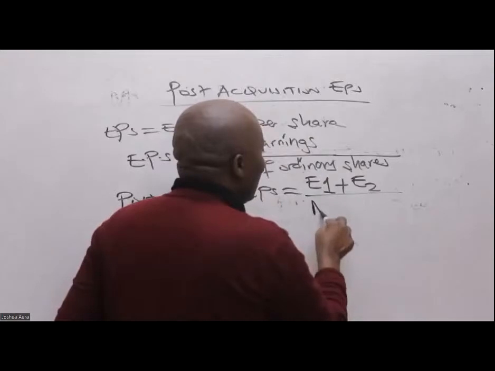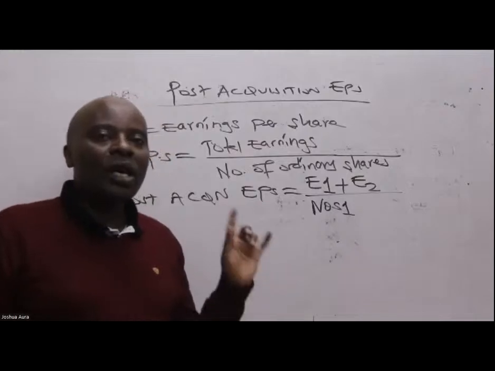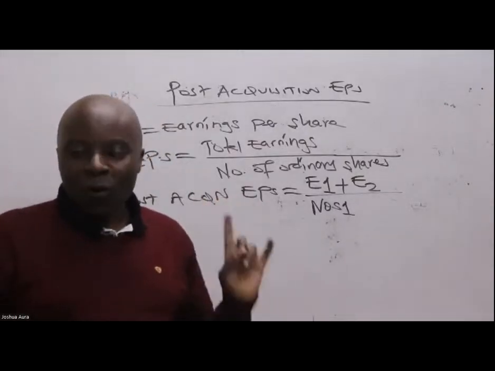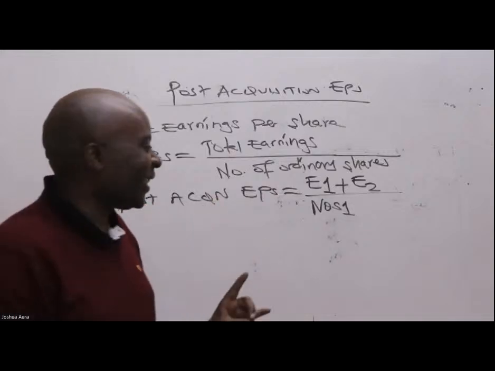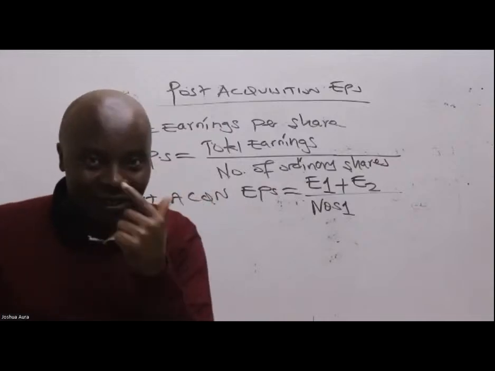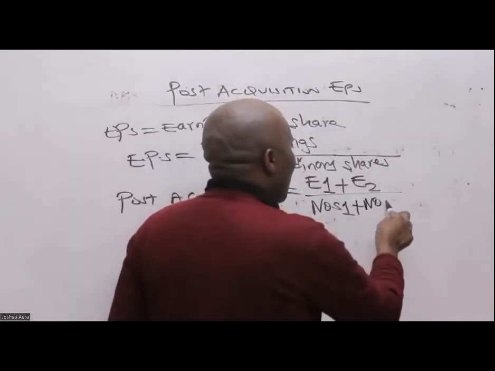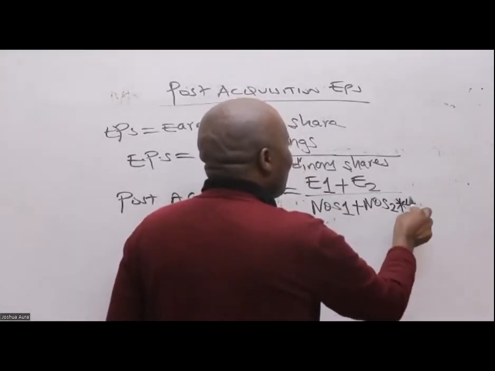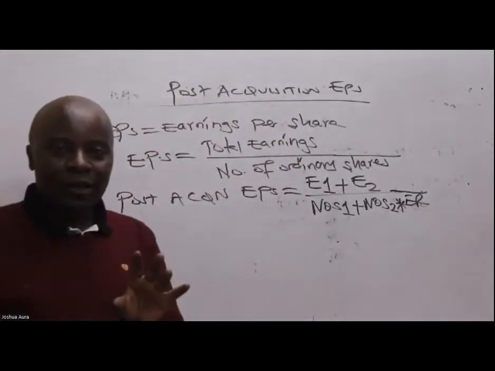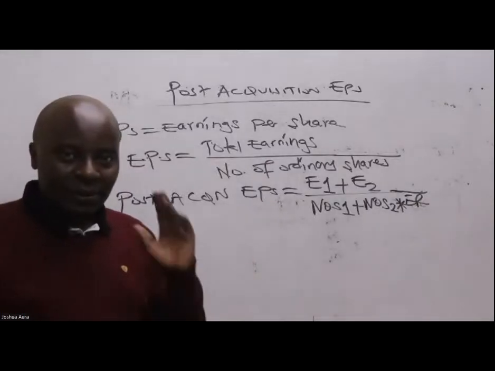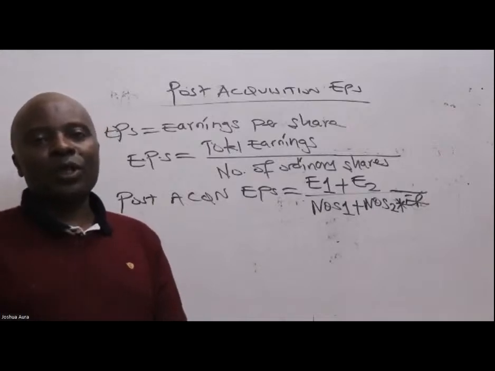All over, then we have NOS1. Whenever you see us using the word NOS, NOS stands for number of ordinary shares, plus number of ordinary shares of company 2. But remember that company 2, which represents the wife, must be multiplied with what we call the exchange ratio.